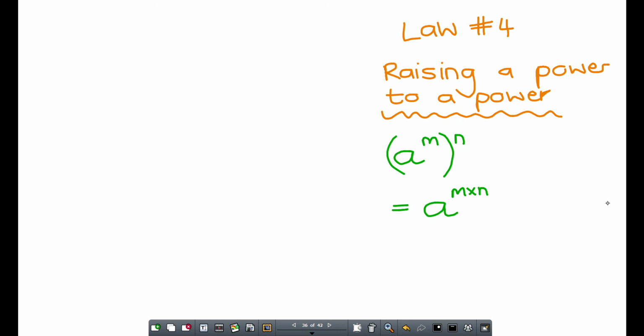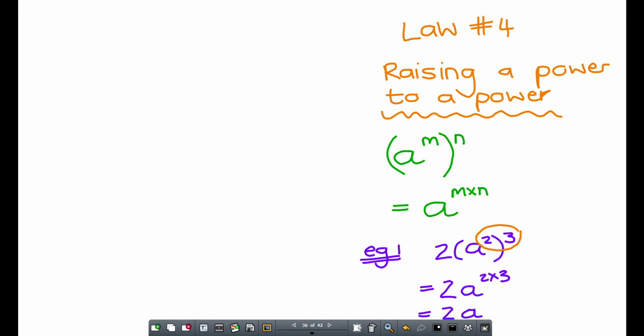So let's do an example. Can you see that here I've got a power to the power? So that will then be 2a to the power of 2 times 3, meaning 2a to the power of 6. Okay, you guys good with that?